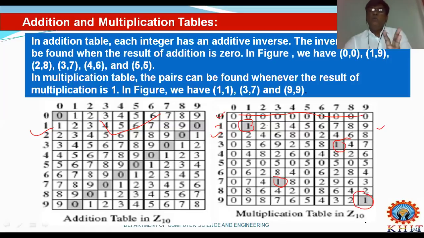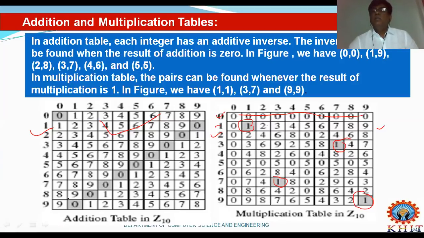So we have only 4 ones here. That means we have only 4 pairs for getting the multiplicative inverses. What are those? First one, for 1 the multiplicative inverse is 1.